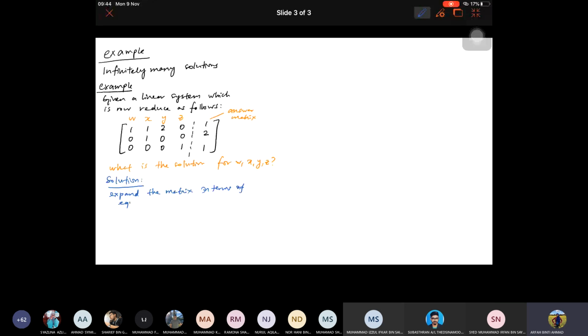Sebab lagi 1 tu tambah 0, Z. X persamaan kedua, dia from row 1, from row 2. This is your row 1, this is your row 2 and this is your row 3. Okay. X sama dengan 2 dan from row 3, Z akan sama dengan 1. Okay. Awak ada 4 variable tapi ada 3 equation. So macam mana kita nak selesaikan dalam kes ni?